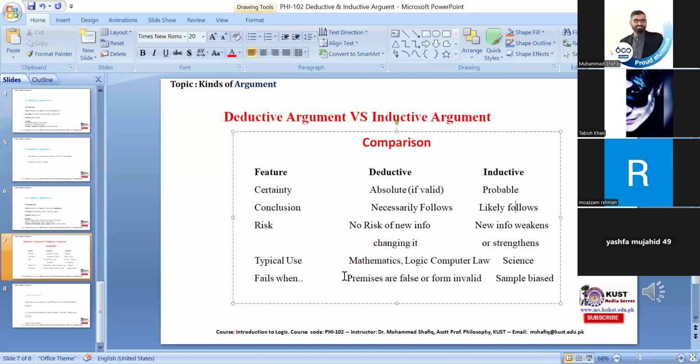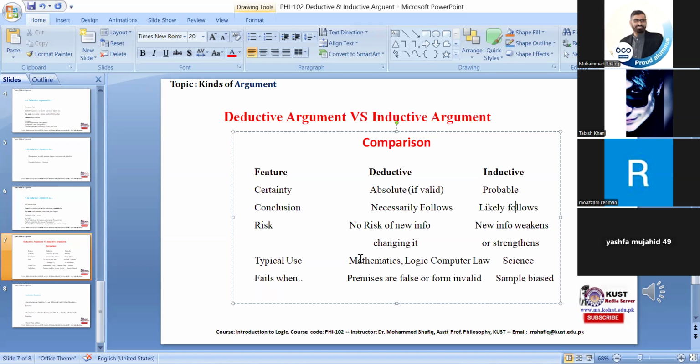The typical use of deductive and inductive arguments in different fields: the deductive argument is normally used in mathematics, logic, computer science, and law. Obviously, you might have studied mathematics at some point in your life, and you normally see that there are some presuppositions in mathematics in order to draw certain conclusions.